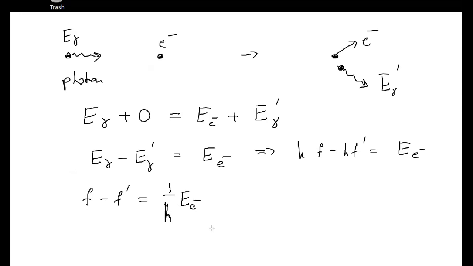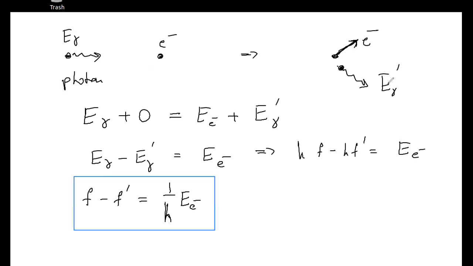Again, if I look at the picture as an interaction of my photon with an electron, then the change in frequency or change in wavelength is pretty natural. When the photon gets scattered, part of its energy will be transferred to the electron.